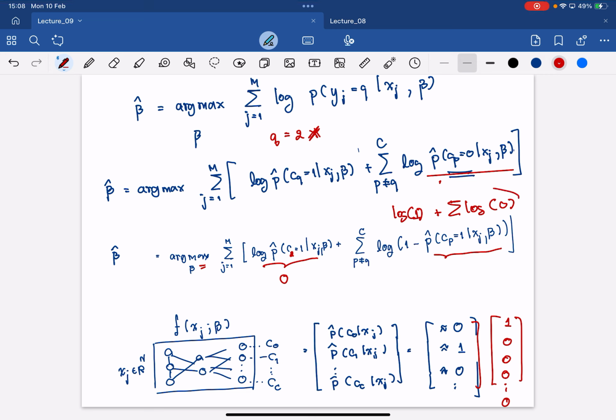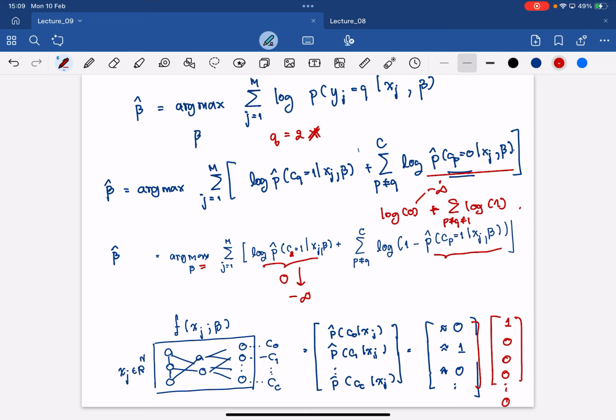The thing is, log of 0 will be negative infinity. So that means, if you misclassify, that will go to minus infinity, and that will go to minus infinity.